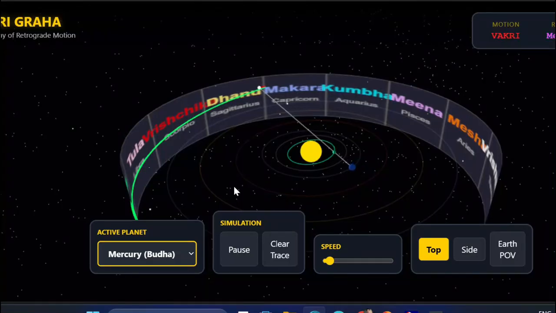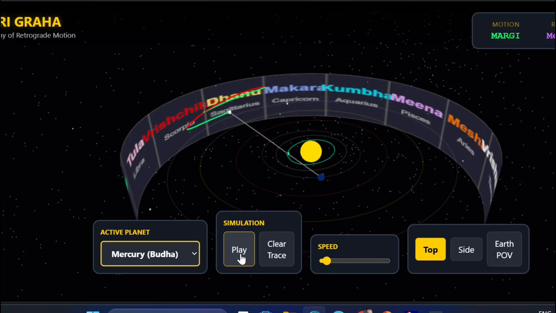Now see, it almost stopped, reversed, and now it will almost stop and again get direct. You understood? Was this clear? How Mercury is getting retrograde?